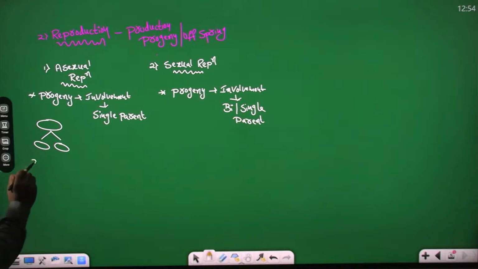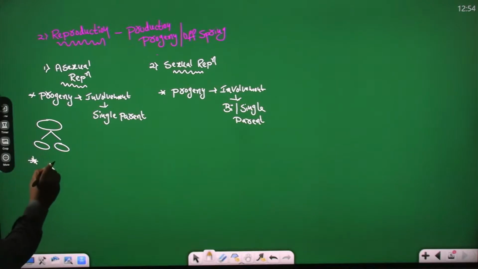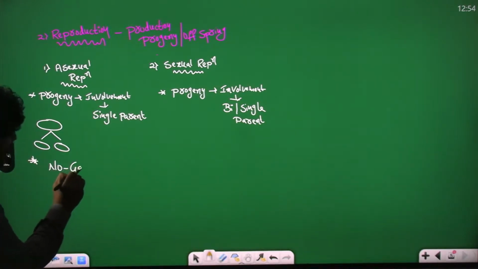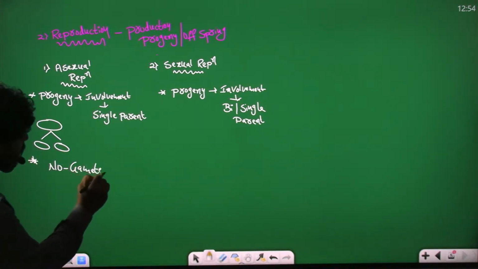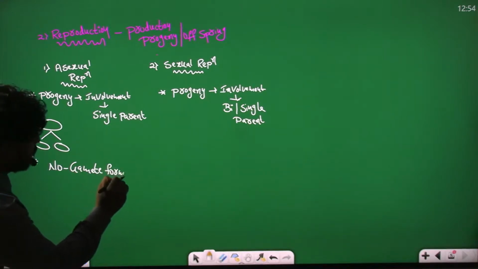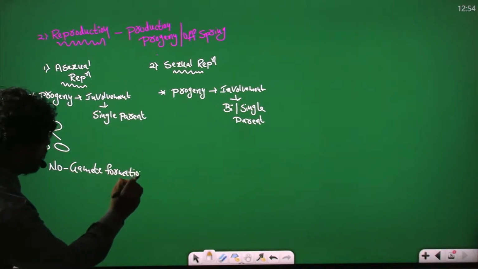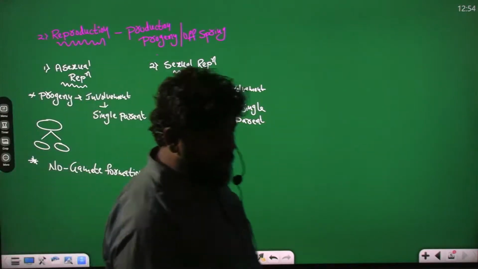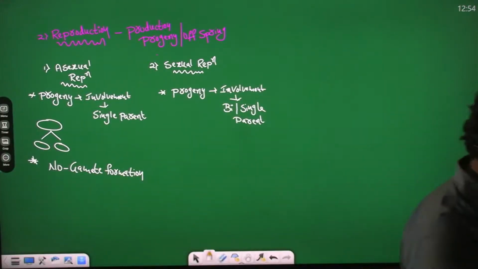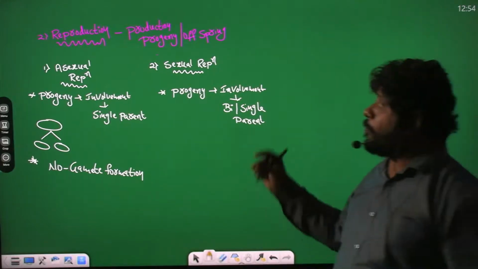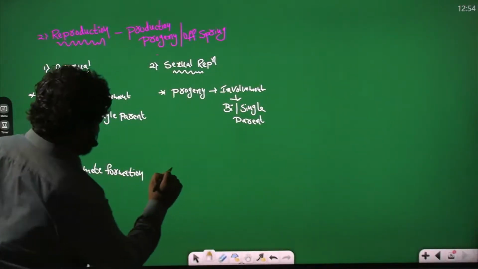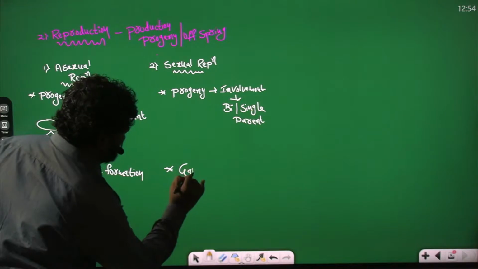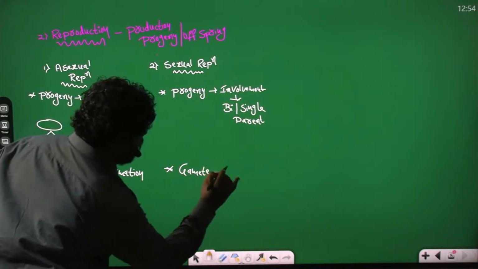And the second main difference: in asexual reproduction, there is no gamete formation. No male gamete and no female gamete is formed. But in sexual reproduction, gamete formation is compulsory.